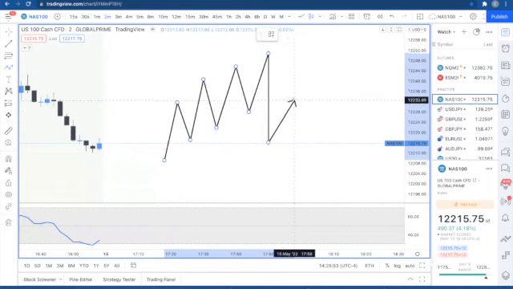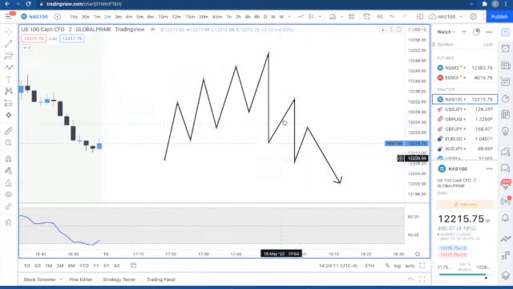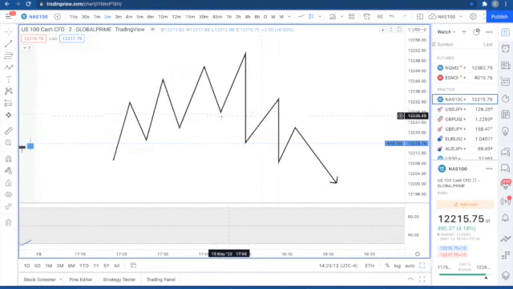And for double confirmation, you want to wait for the second leg down to be broken, right? So once the market breaks that lower low once, retraces, and then breaks another low twice, at that point, there's a high probability that the market is going to continue bearish, and you can start now looking for sells.